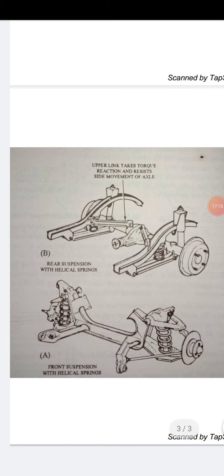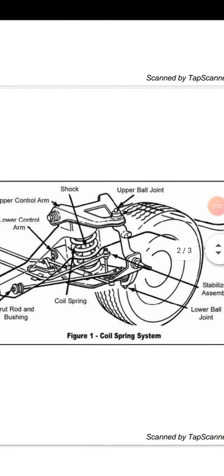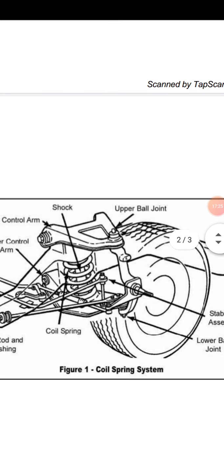The wishbones, meaning the upper wishbone and lower wishbone arm suspension system, is also an independent type of suspension system. These wishbone arm suspension systems are basically used in racing cars.